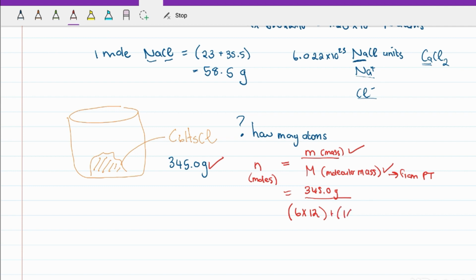Then you have 5 hydrogens, and you have 1 chlorine. If you do that calculation, you will work out 3.07 moles. So in that amount of grams of this organic salt, you have that amount of moles.